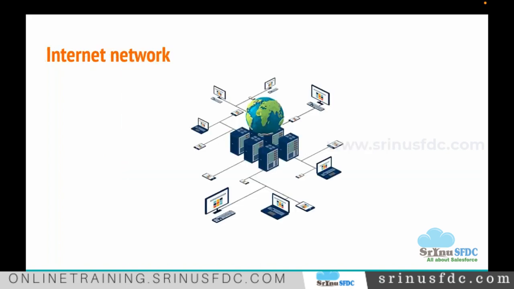If you see here, not only one person, but hundreds of thousands, millions of people have their laptops, mobiles, iPads. Through those, they will try to open youtube.com and access the videos. So maybe one server might not be sufficient for YouTube.